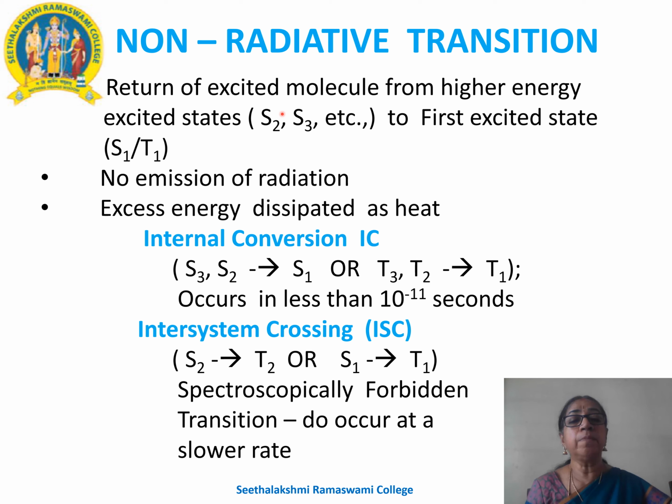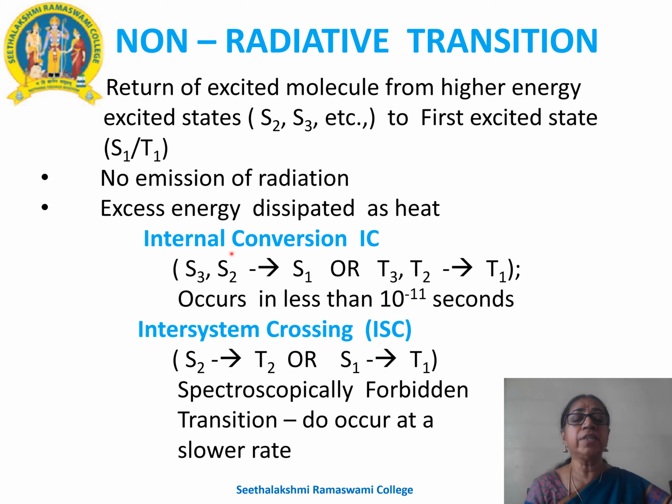This return process will occur in two ways. One is internal conversion represented as IC, another one is intersystem crossing represented as ISC. Both are return processes, and during both the processes there is no emission of radiation. That should be kept in mind. Only the route of the transition is different.